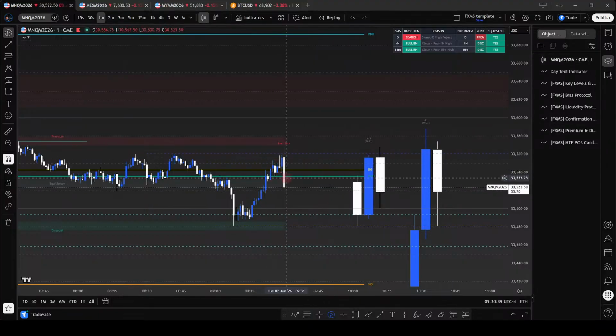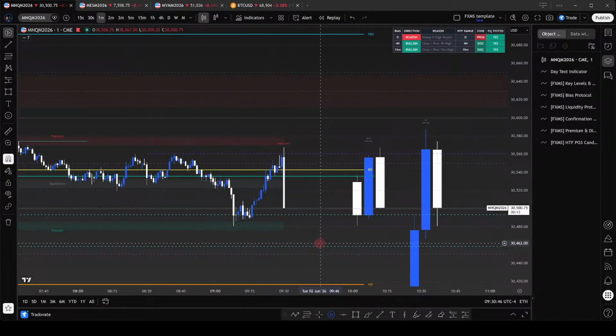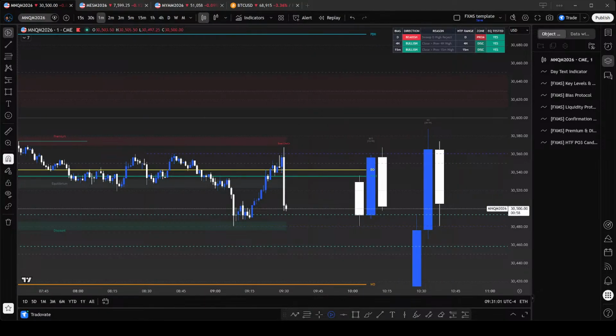Okay, we'll let this kind of play out a bit. We'll see where we land. This could be manipulation lower to go higher, or it could be the move down. I do kind of want to let this play out. Yeah, there we go, come back up here.